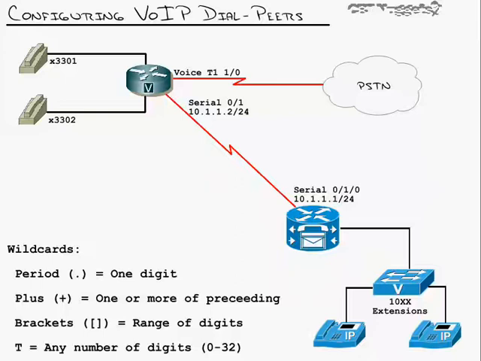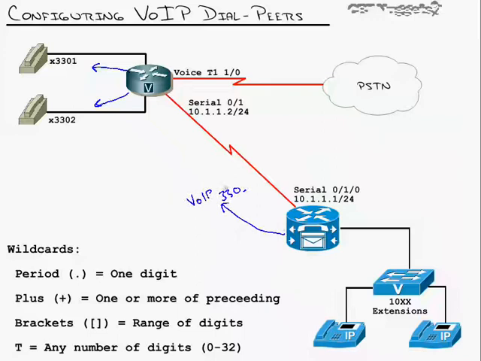So here's our scenario that we set up last time. Just to review, we have set up the analog connections, the POTS dial peers, to both of these phones to assign them 3301 and 3302. Then we went down here on the CME router and set up a voice over IP dial peer to 330 dot.